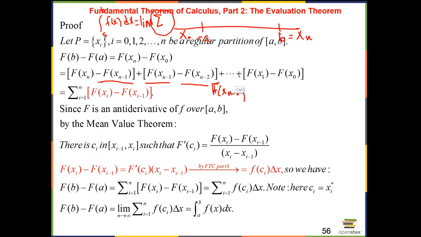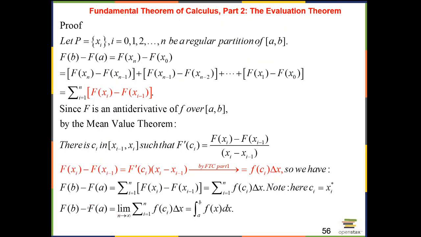Then we subtract f of x sub n minus 3 and add f of x sub n minus 3, and so forth, all the way to f of x1. So we subtract f of x1, and then we add f of x1, and then the last one, we keep it as minus f of x sub 0. Now, if you do that with this trick, you create a bunch of terms, right? If you group them like that, which gives you the sigma that we need.